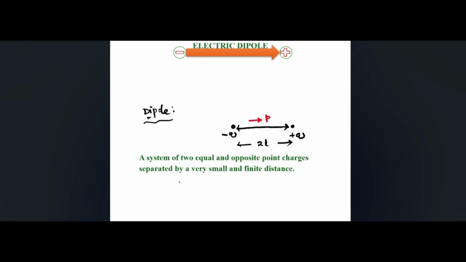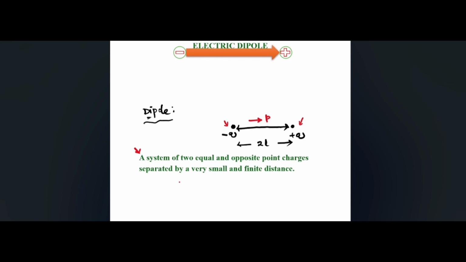We can understand the dipole as a system of two equal, that is, the magnitude of the charge minus q and plus q is the same, and opposite point charges, that is, different polarities, separated by a small finite distance. That distance we take as 2L. That we can define as a dipole.